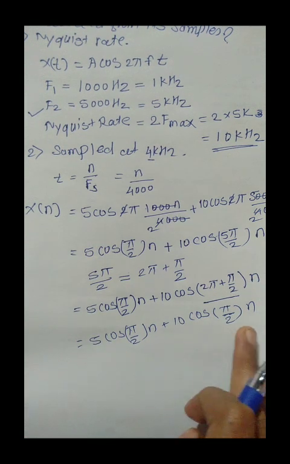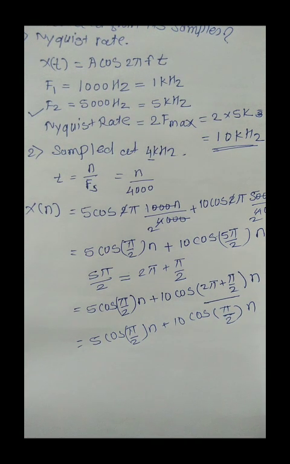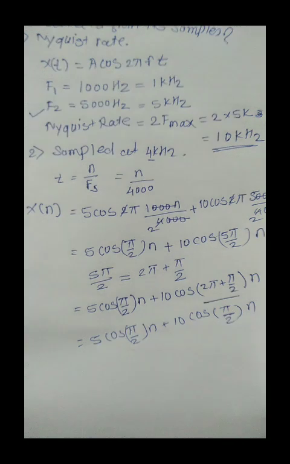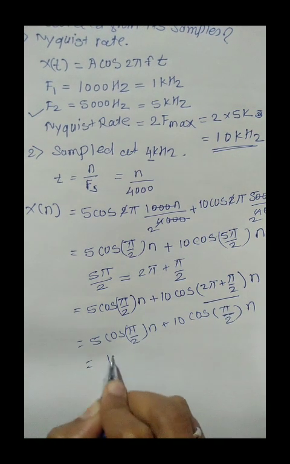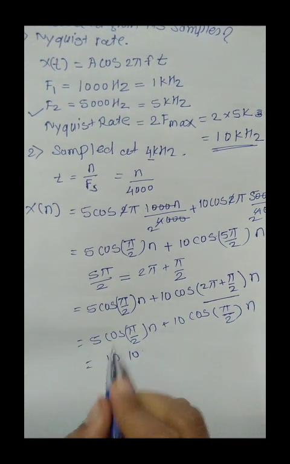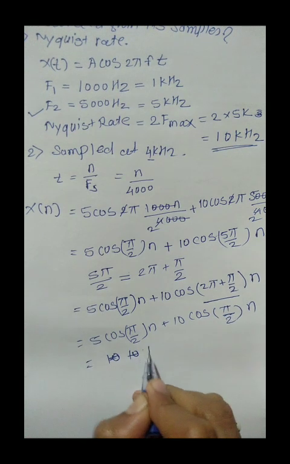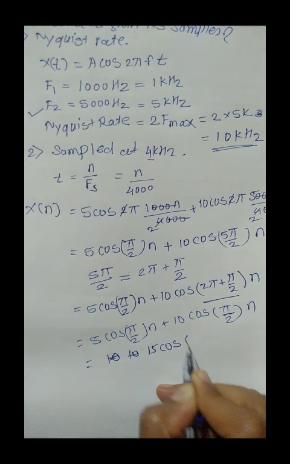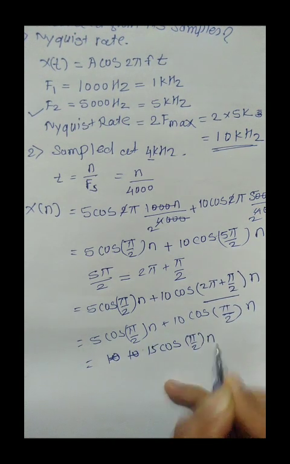Taking cos pi by 2 n as common, we get 10 plus 5, which is 15 cos pi by 2 n.